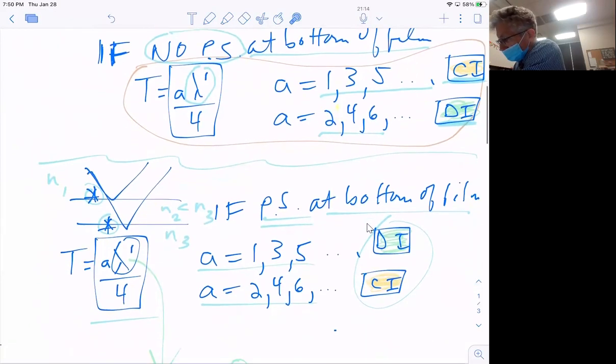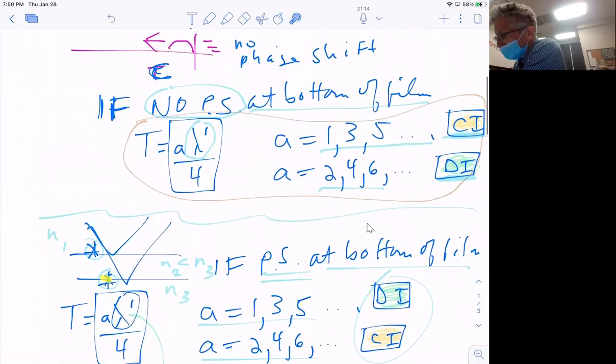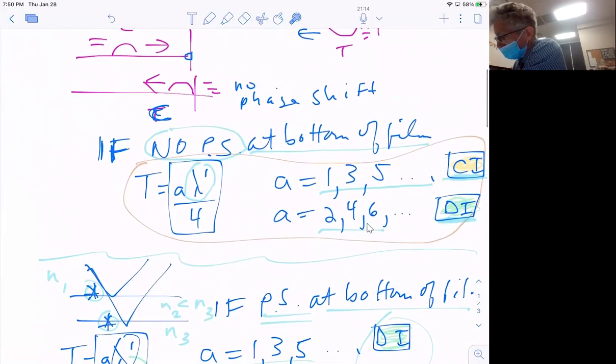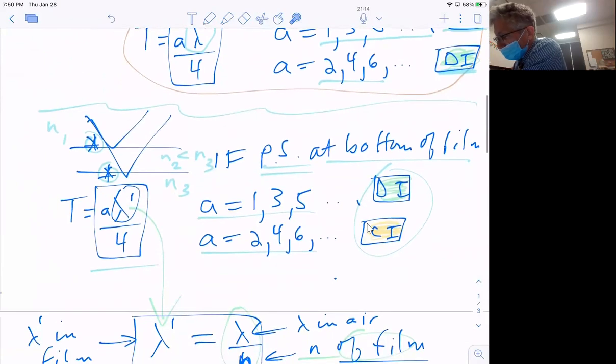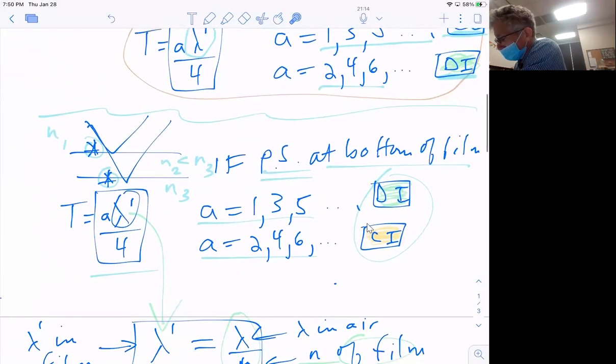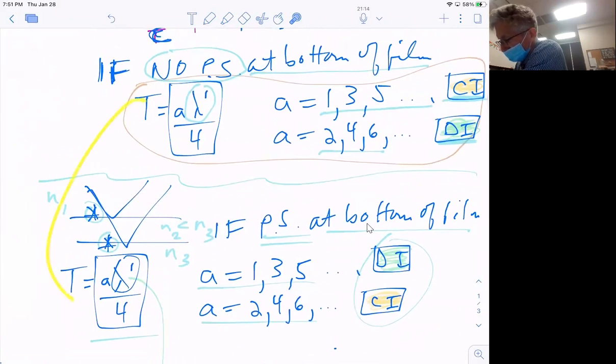Now, if you did have a phase shift at the bottom, you didn't have it in this case, up here you only had one phase shift on the top. If you have a phase shift on the bottom, it's the same equation, and it's the same selection of what A would be, odd or even.